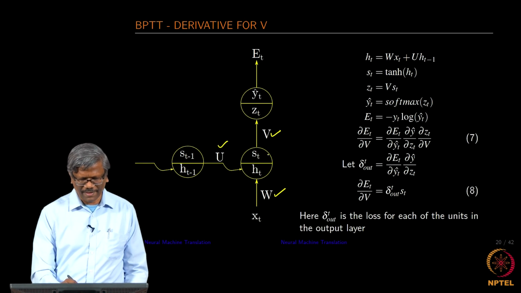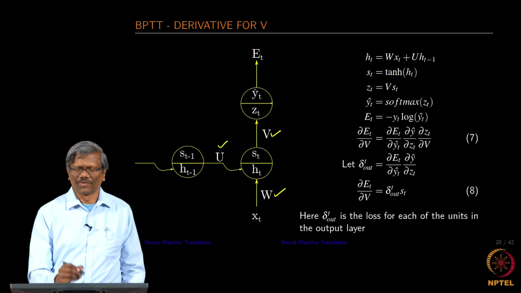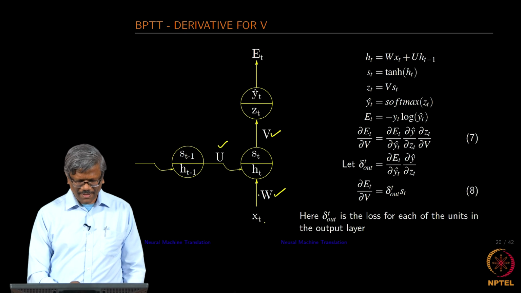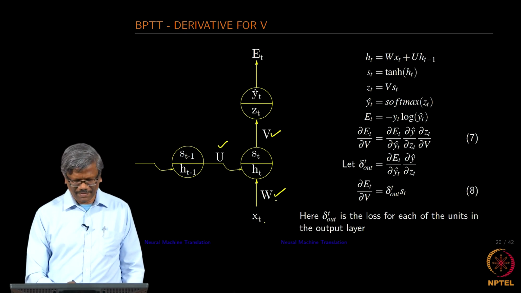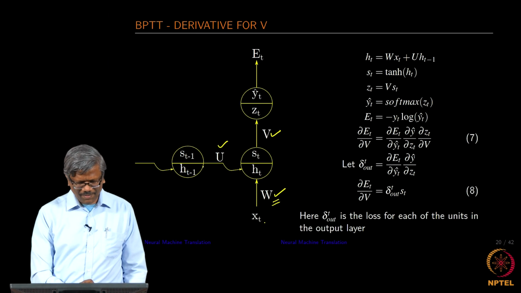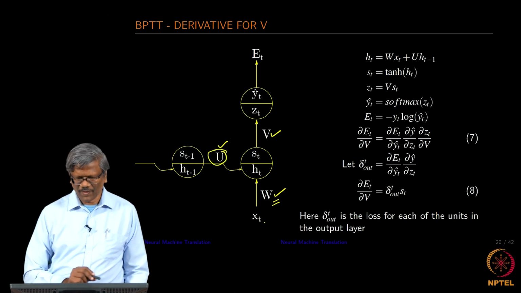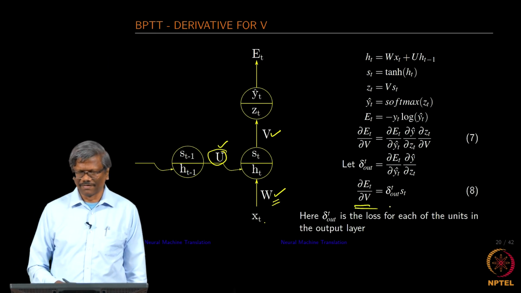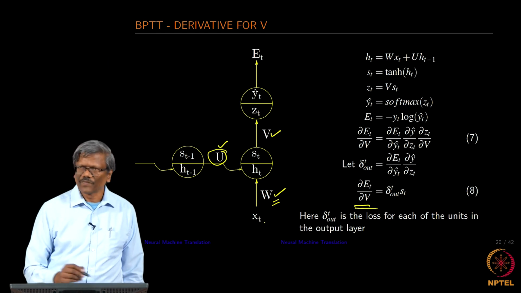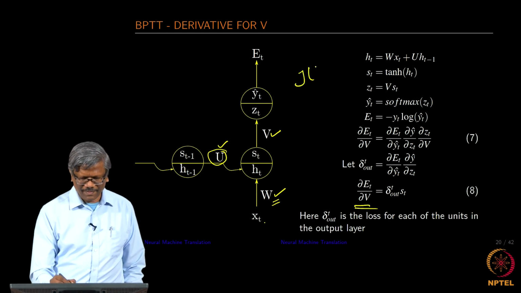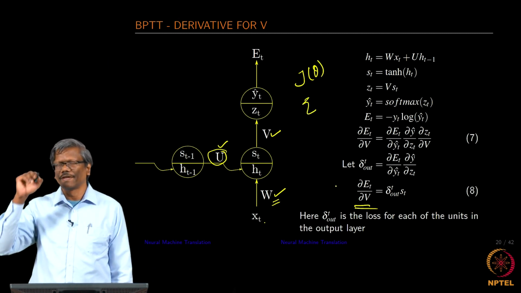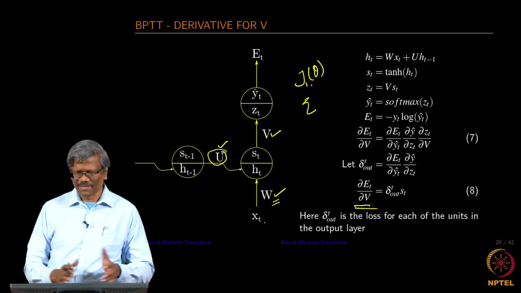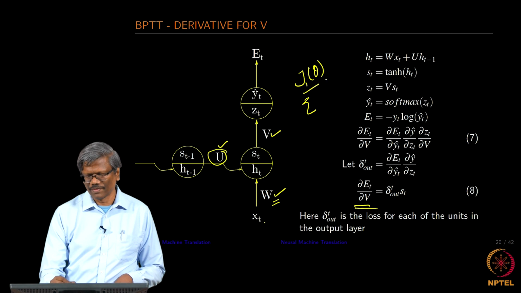V is the one which is connecting the hidden state to the output unit, and then we have the input coming in from the sequence, which is connected to the hidden state with the matrix W, and then the previous state is connected using U. Then we minimize this using the partial derivatives, and finally obtain a J value, a collective value for J. For every output value in the decoder, there will be one J which is summed, and finally a score is obtained.